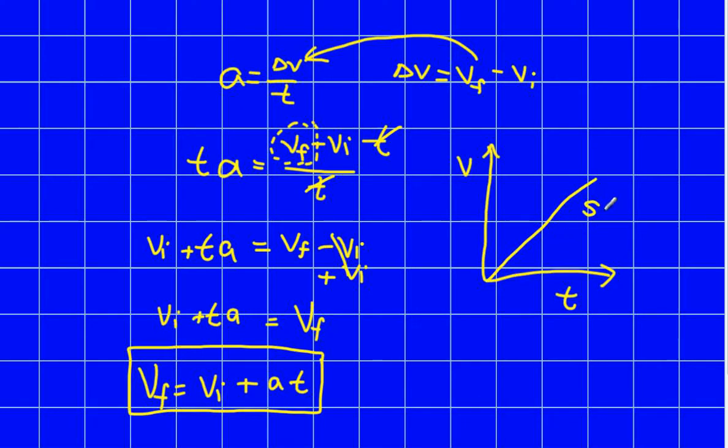The slope of this line is a change in velocity divided by a change in time. This is your rise, a delta v, and this is your run, a delta t. So in other words, the slope of your velocity time graph represents the acceleration.